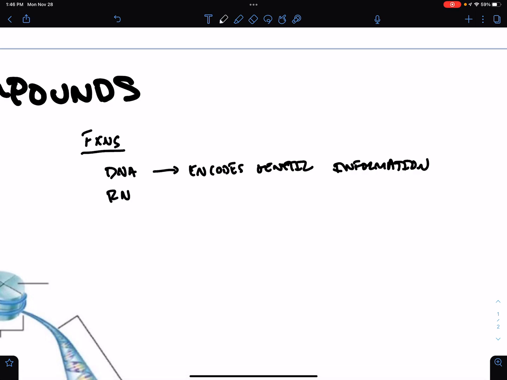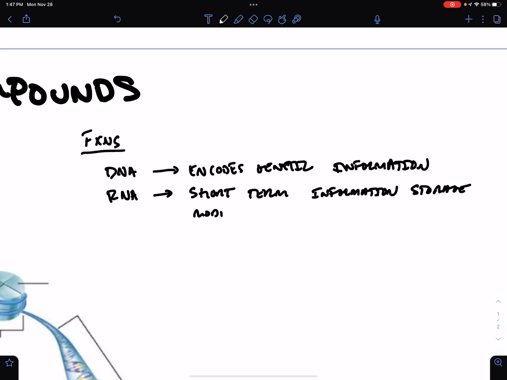And the function of RNA is it's kind of short-term information storage, as well as sometimes RNA can modify the expression of genes, so gene expression. And it can also sometimes be an enzyme.